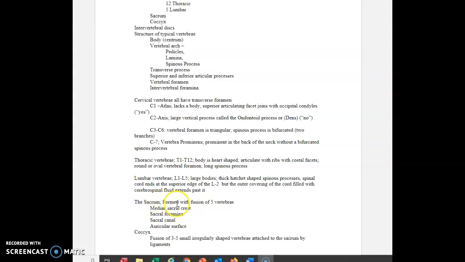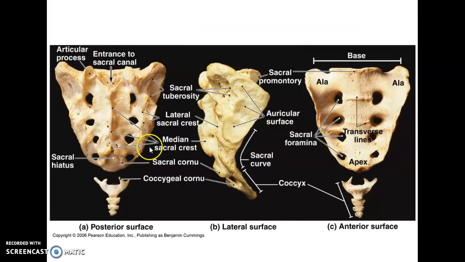Okay, the sacrum, which is basically formed and fused with 5 vertebrae that are fused, has these parts: the median sacral crest, sacral foramina, sacral canal, and auricular surface. So let's look at that. So we see our sacrum right here, okay? And here we actually see this crest, and of course this is on the posterior side of the sacrum.